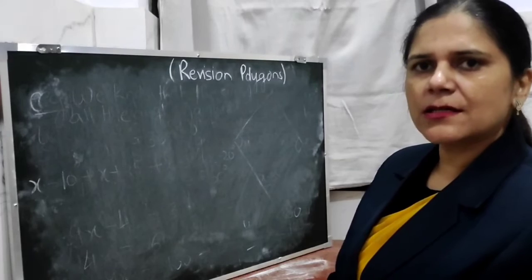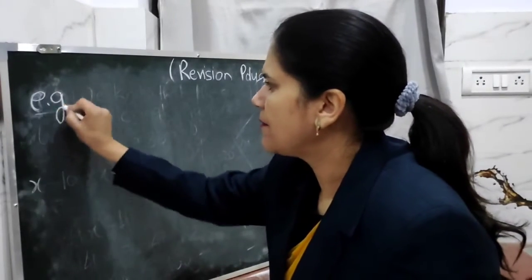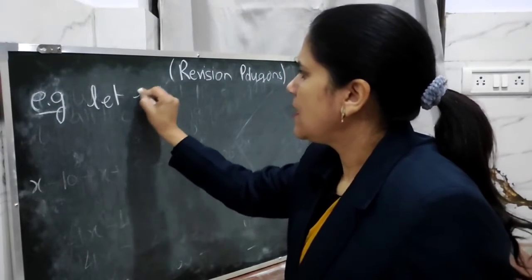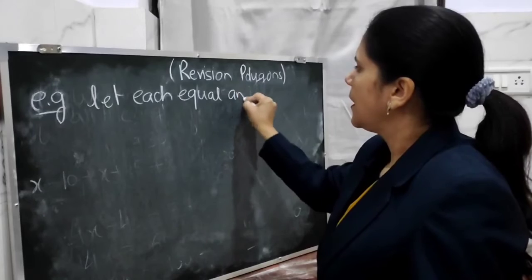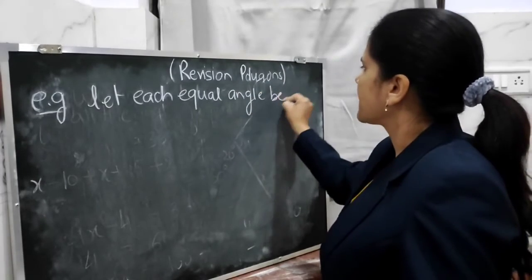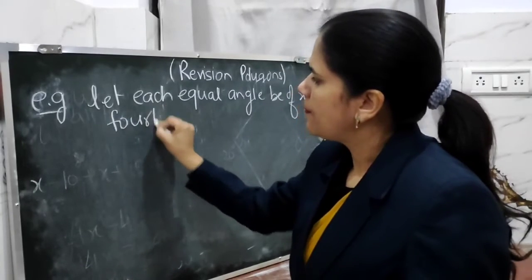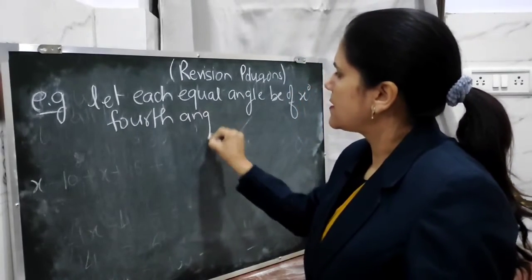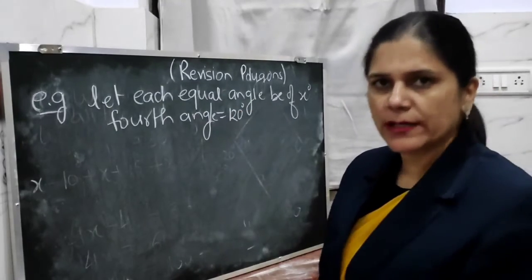They are asking us to calculate the equal angle. Let each equal angle be x degree, and the fourth angle is equal to 120 degree and it is a quadrilateral.